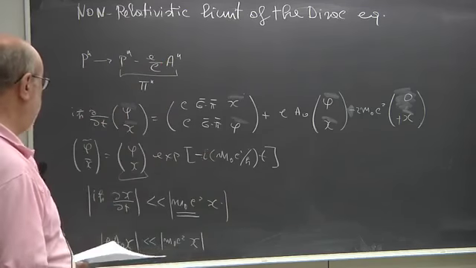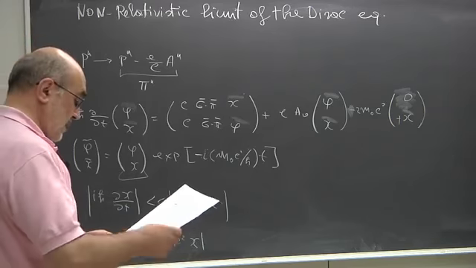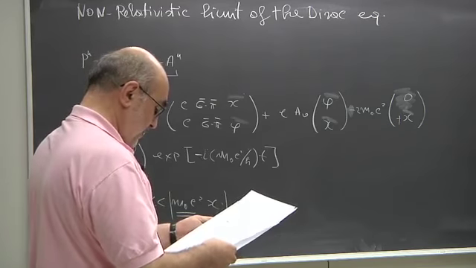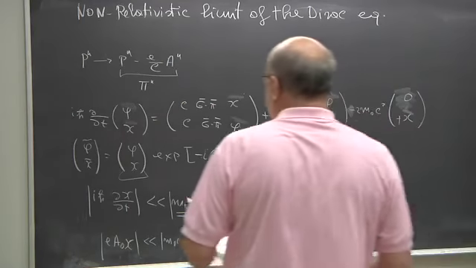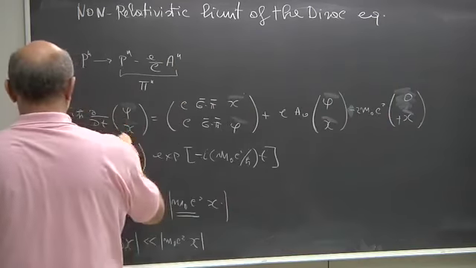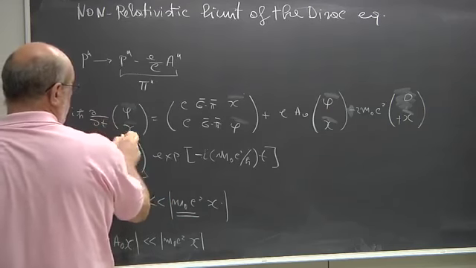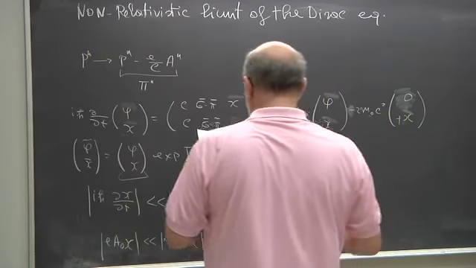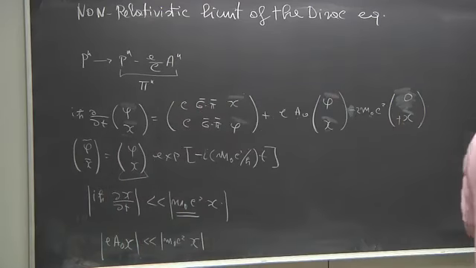Okay, so both the kinetic energy and the potential energy, in the non-relativistic limit, are very small. So in the lower component of this equation, we can neglect this part because it's very small, and we can neglect this part because it's very small.